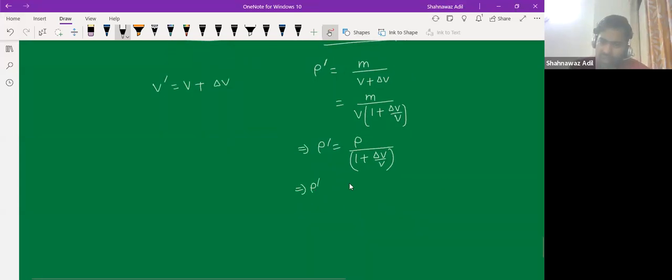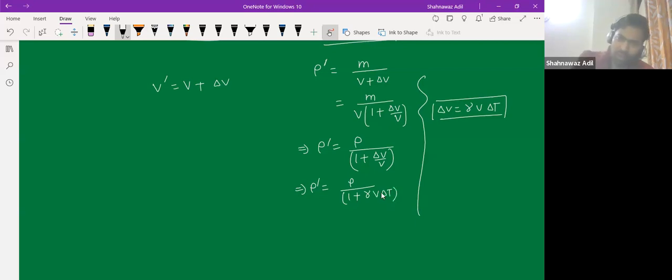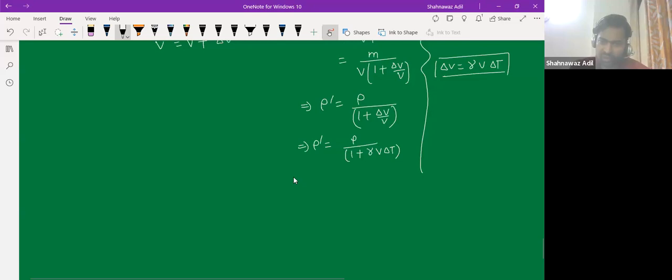I know that my volume changes as delta V equals gamma V delta T. That is how the volume changes. So if I put that value in here, this is 1 plus gamma delta T, right? So then this would be how much?